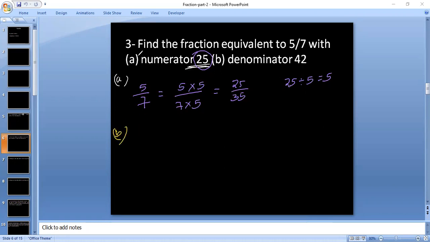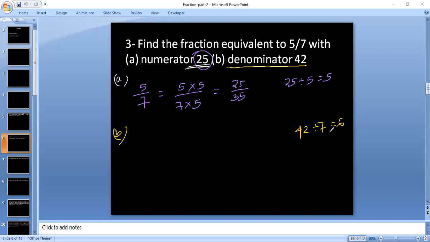Number B. Then find the fraction equivalent to 5 by 7 with denominator 42. यहाँ पर न्यूमरेटर हुआ था, यहाँ पर डिनोमिनेटर को 42 करना है. But if you observe that in case of 5 by 7, the denominator is 7. How did 7 become 42? How will you determine it? Simple, divide 42 by 7, you find 6.